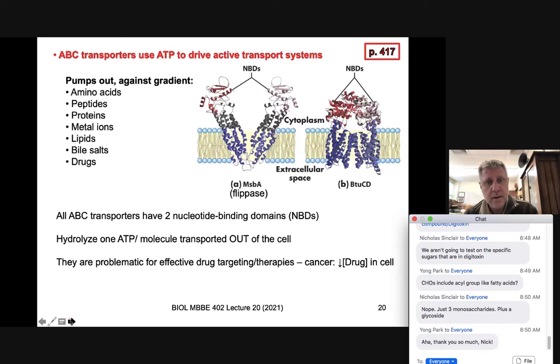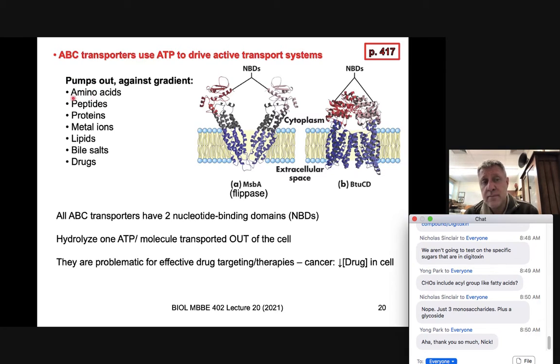Okay. We also have some interesting non-specific transporters, and these particular ones are of significant interest in pharmacology, because what they actually do is they can cause some problems for us. They're called ABC transporters. Now, these still consume ATP as an ATPase would do, but they have some non-specific domains for binding particular compounds.